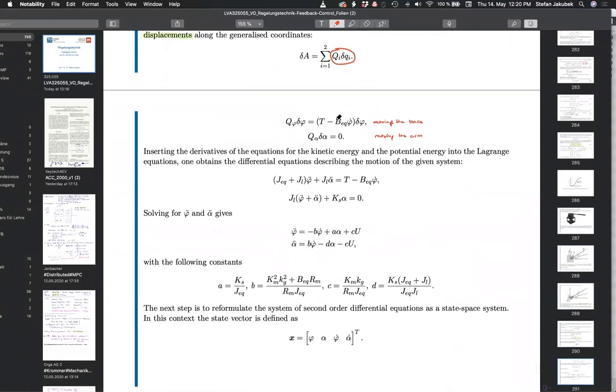Overall, if we move the system by a small virtual angle delta phi, so moving the base, I've just denoted this, then we have the torque, which is a positive work, minus the damping forces, viscous damping forces. And if we compare this to Q phi times delta phi, so this is the generalized torque, which is associated to motion of phi, then obviously we know what it is.